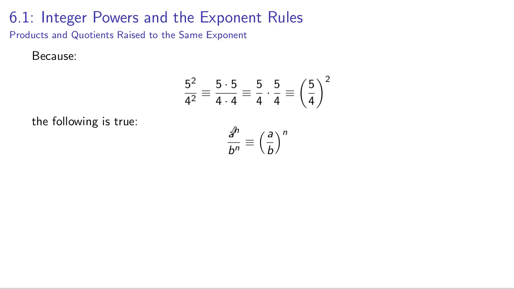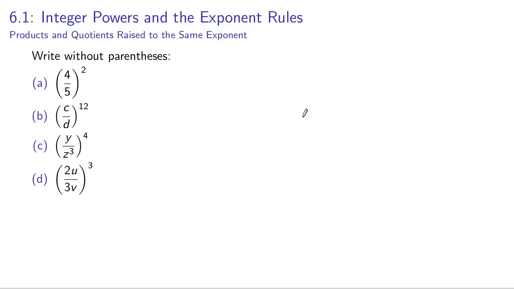So we can see that a to the n divided by b to the same n power is equivalent to doing the division first and then taking the exponent. Let's practice again. Write this without parentheses. It would be 4 squared over 5 squared, which we could write as 16 over 25.